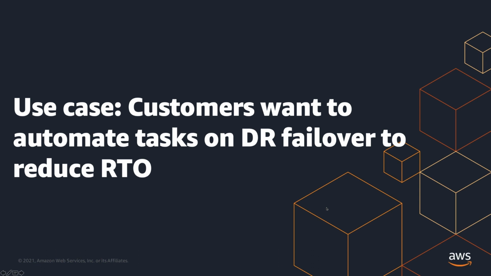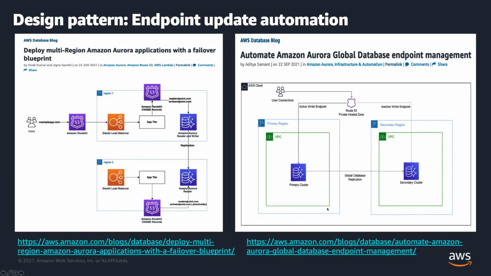Now, our next use case is for customers who want to automate tasks on DR failover to reduce RTO. Building on the foundations from our previous slides, I wanted to point out a few custom solutions that our team of specialist solution architects have built to solve some common customer challenges.